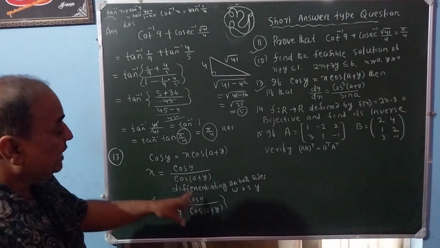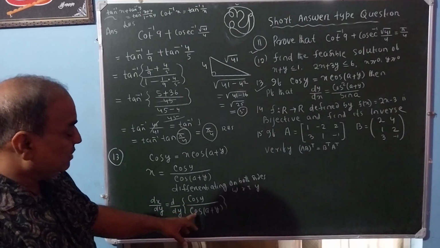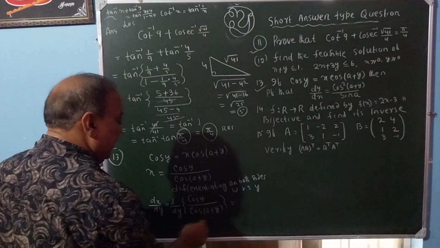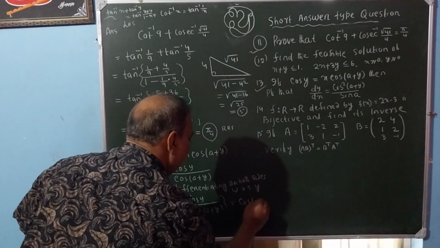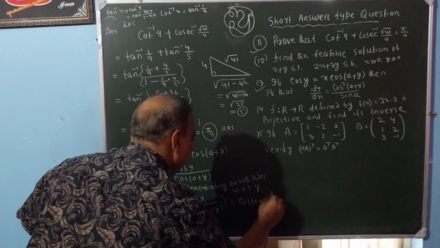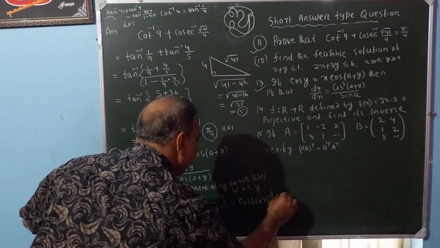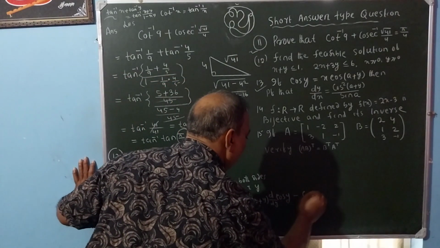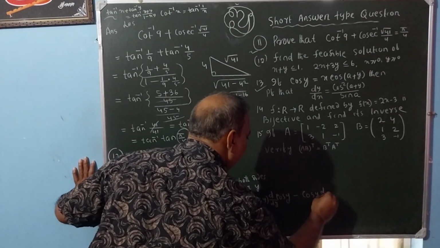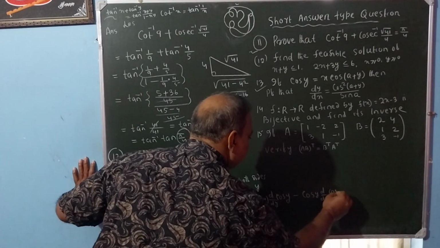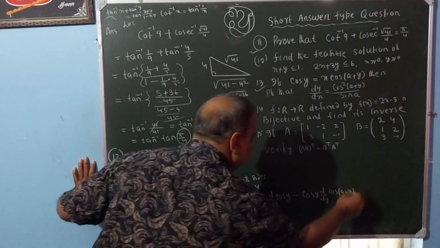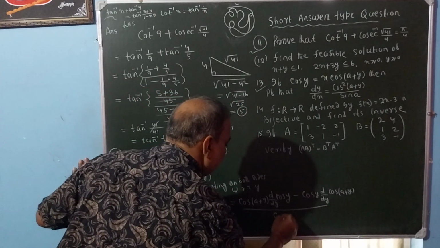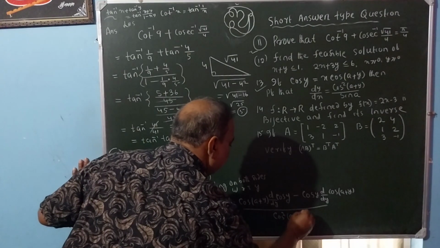Using the division formula, where u is cos y and v is cos of a plus y, the formula is: v times derivative of u minus u times derivative of v, where a is a constant, divided by v square, cos square of a plus y.